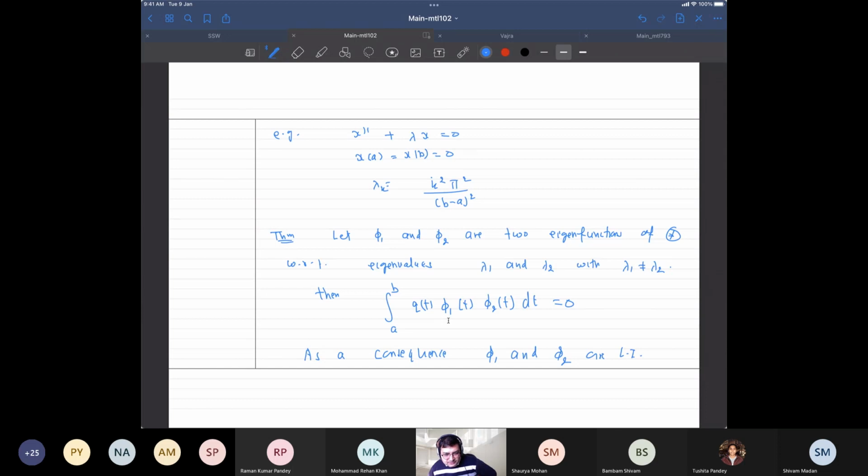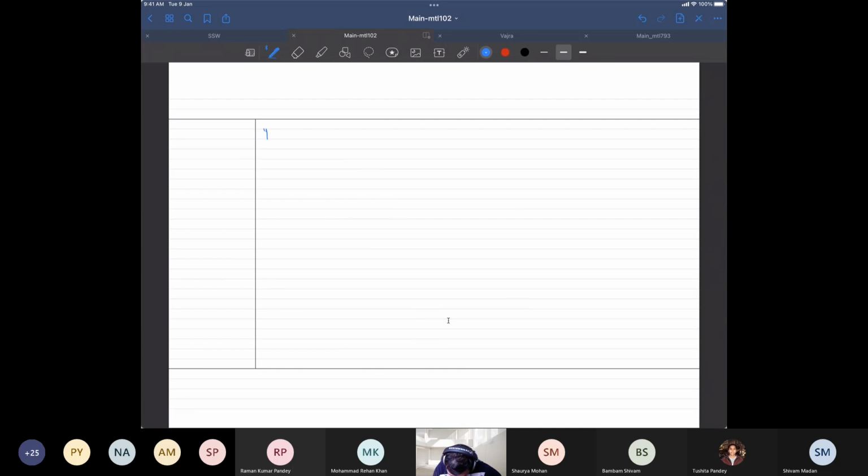So let us look at the proof, and the proof is fairly easy. It's exactly what you do for showing that two vectors corresponding to different eigenvalues are orthogonal with respect to a certain inner product. But here it is much easier because you already know that inner product. So phi1 and phi2 are eigenfunctions.